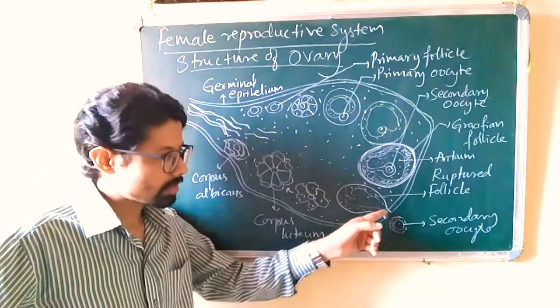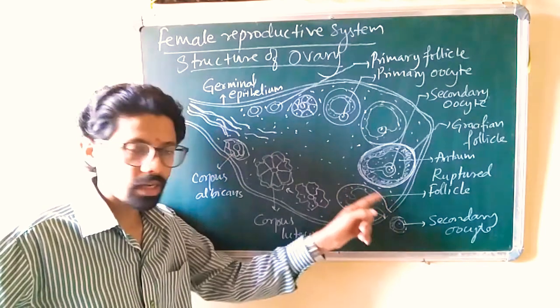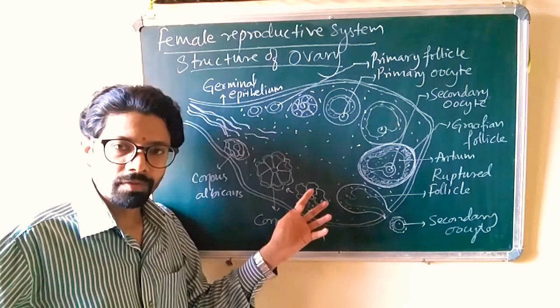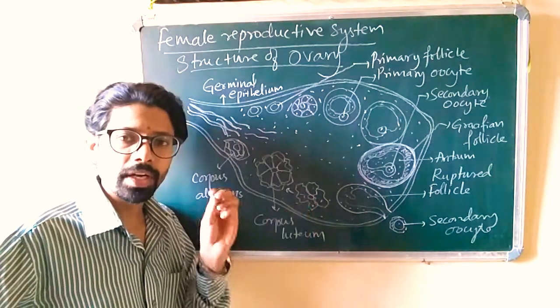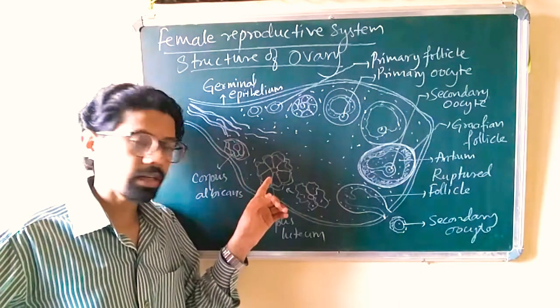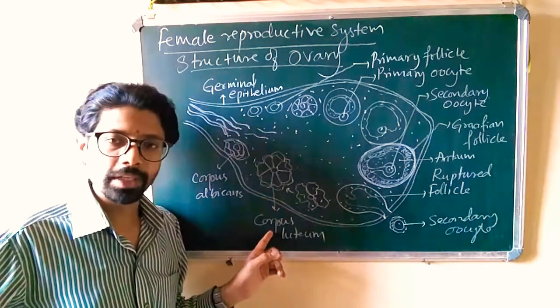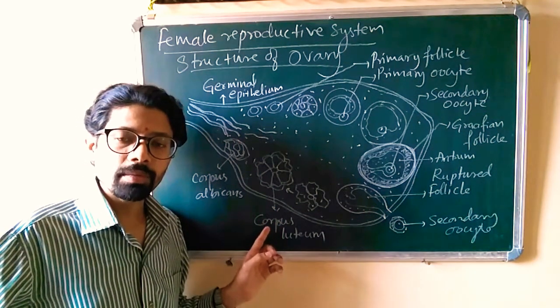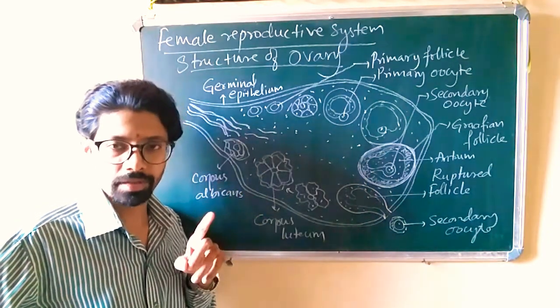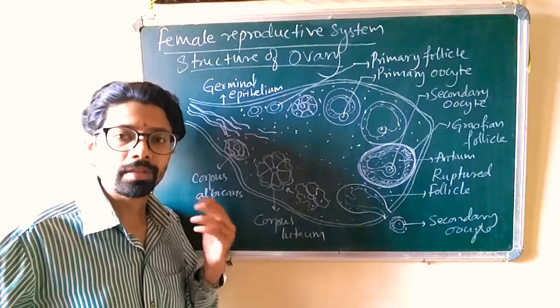Clear? So the ruptured remaining tissue of the Graafian follicle converts into a mass of tissue which forms a temporary endocrine gland which secretes a very important hormone, and the gland is called the corpus luteum. Now this corpus luteum releases the most important hormone responsible for pregnancy, also called the pregnancy hormone.